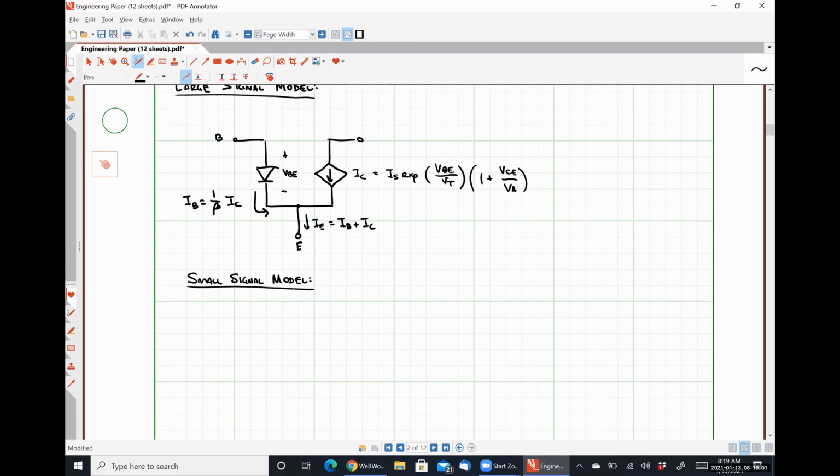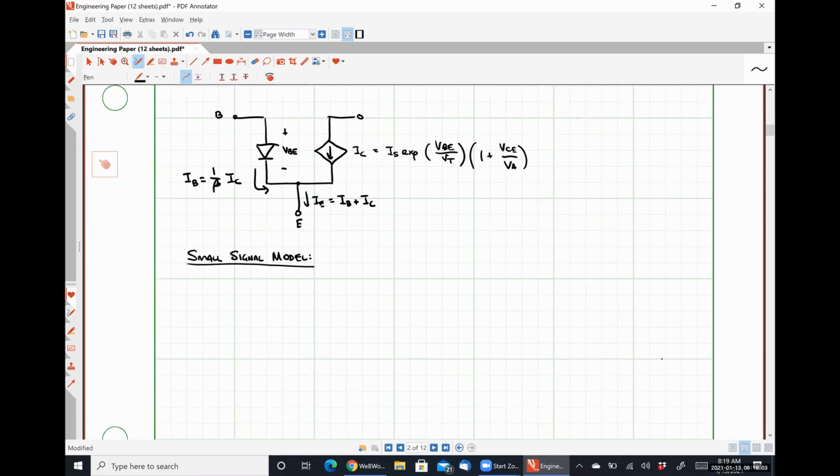So our small signal model, just to be clear, we started with this, right? Here's R pi, so we're going to have to take a look at that guy. Here is our base. Here is our emitter.